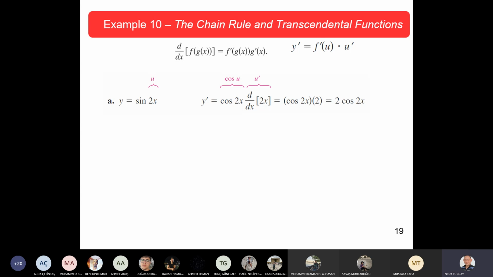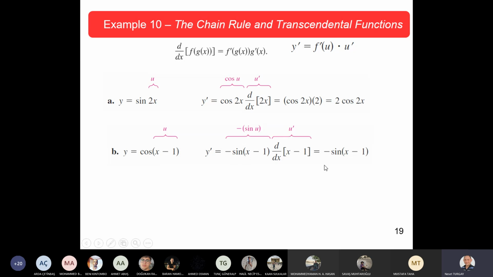Okay. See this one, cos of x minus 1. Derivative of outside is minus sine of this one, you don't touch the inside, times derivative of inside. My derivative of inside is what? 1. The 1 is hidden here.